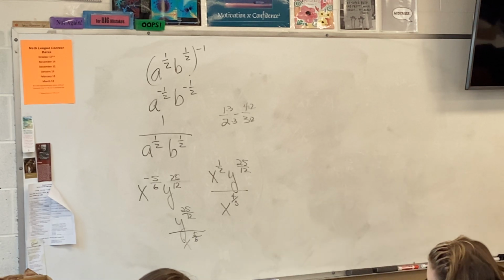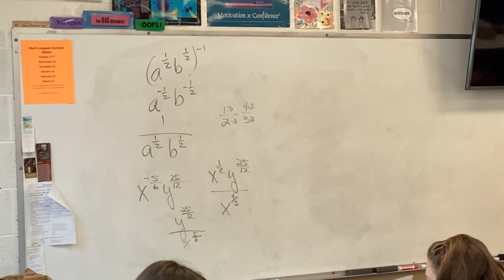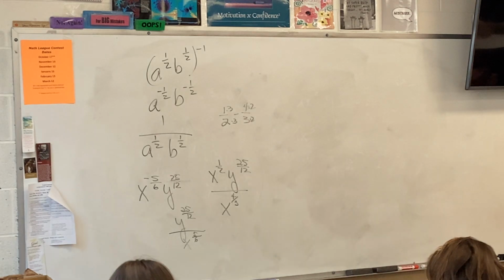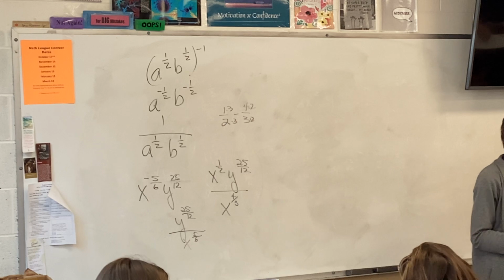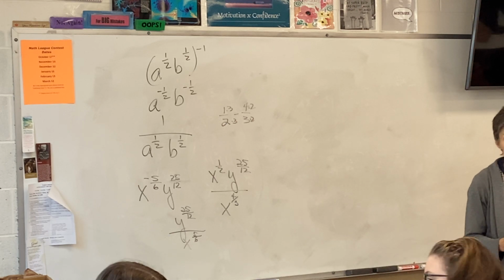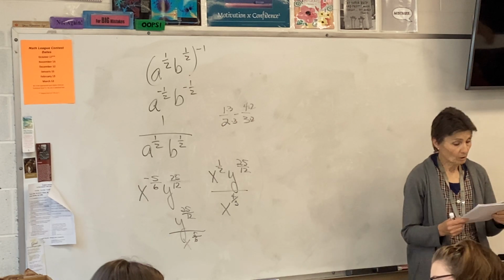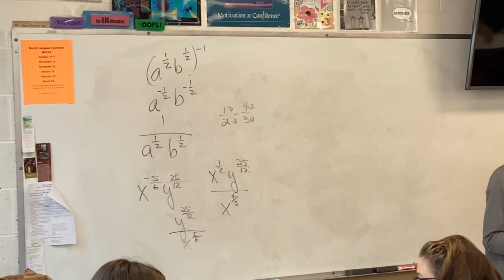Horizontal transformations. As you can see, in all the problems in example 1, he has messed with the x's. Anytime you mess with your x's, you're doing something horizontally, right? So look at A. What is happening?